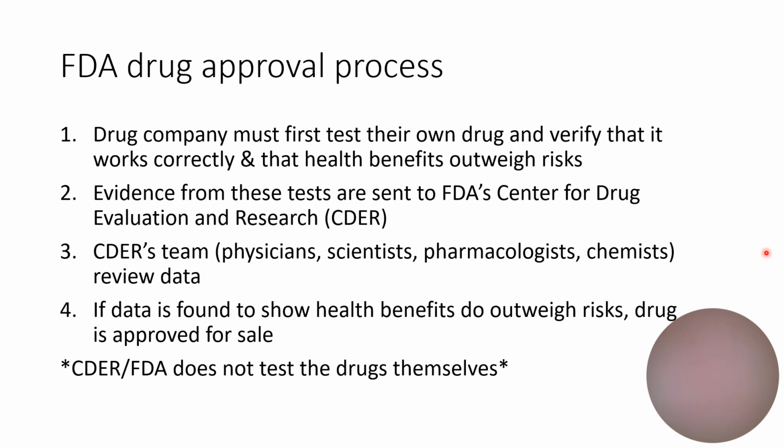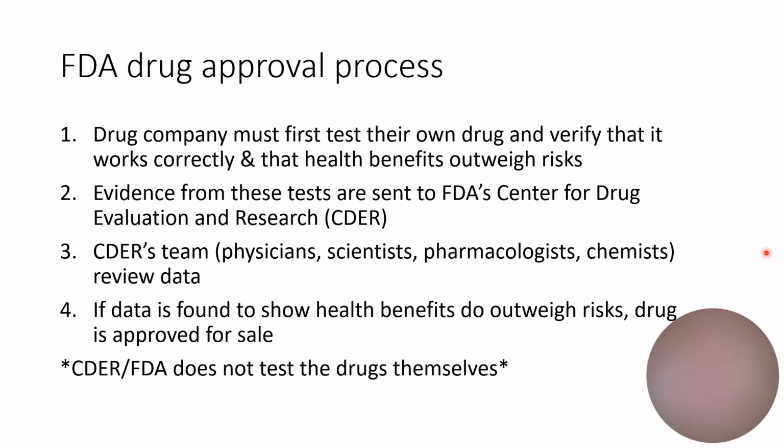The FDA drug approval process: the drug company must first test their own drug. So the drug company does all the testing. They verify that it works correctly, and that the health benefits outweigh the risks. Then evidence from these tests is sent to the FDA Center for Drug Evaluation and Research, or CDER.